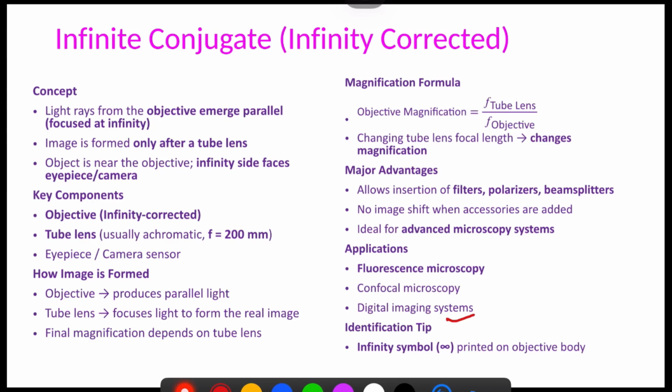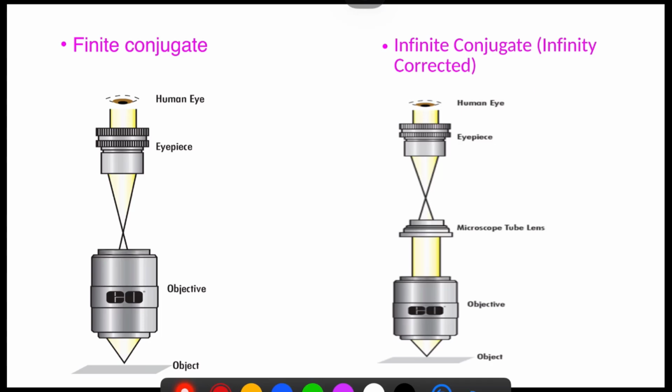Now, how will you identify whether your microscope is infinity corrected or not? There will be a symbol of infinity printed on the objective body. Here you can see both components, finite conjugate and infinite conjugate. Here the light rays go directly through the objectives and focus on the eyepiece.